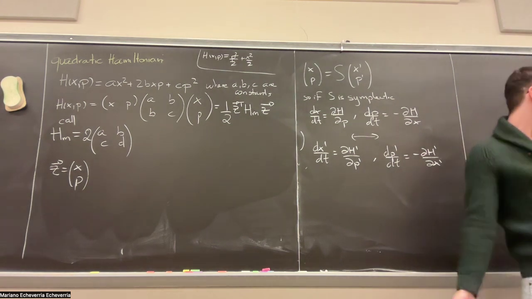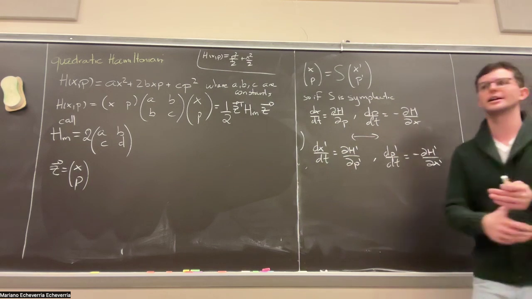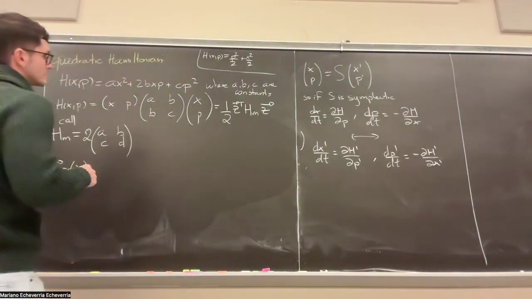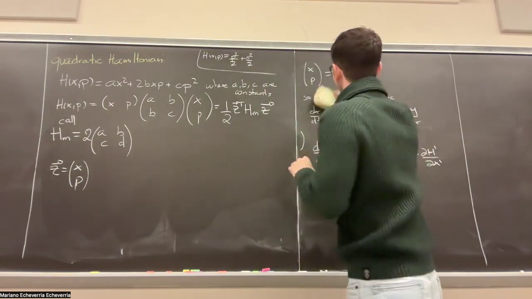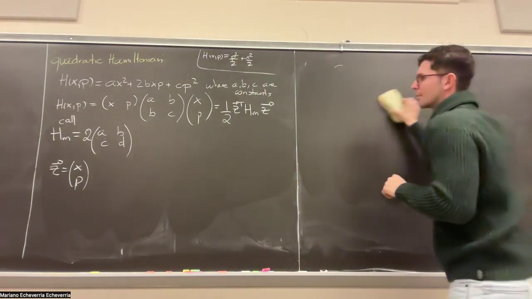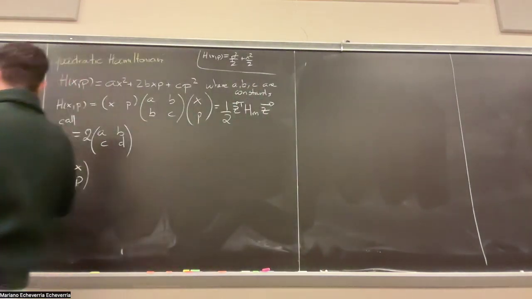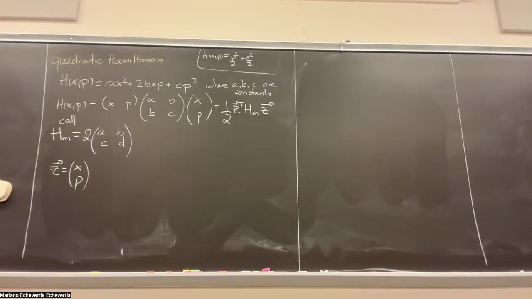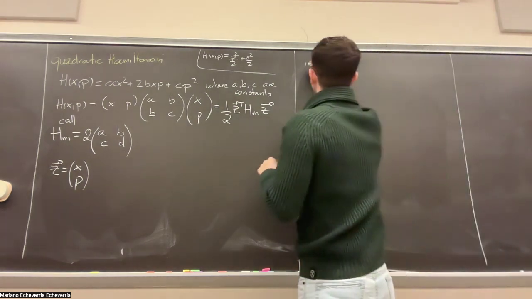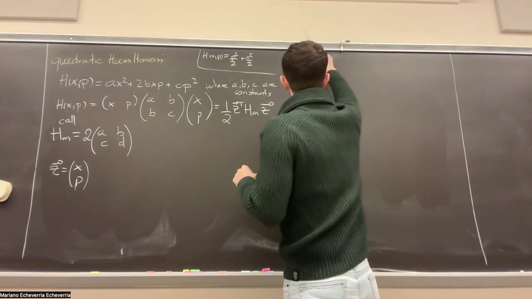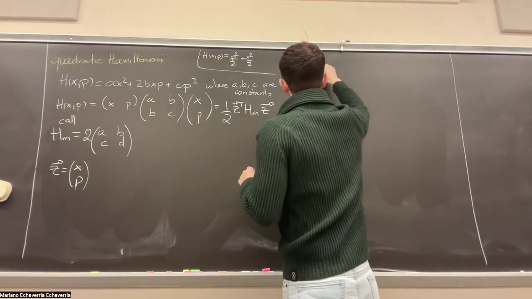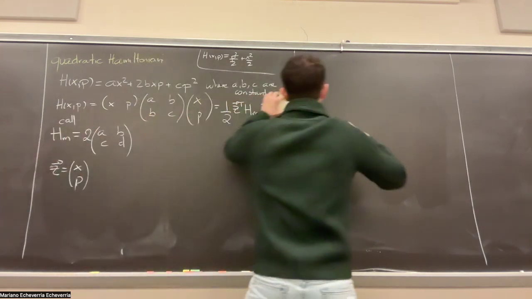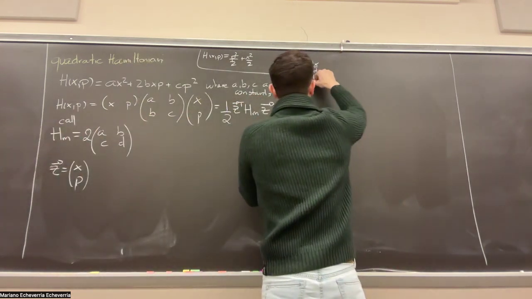Okay, and then we can find what Hamilton's equations look like in this case. Are there any questions so far? What were the equations of motion? I'll keep everything in vector notation.